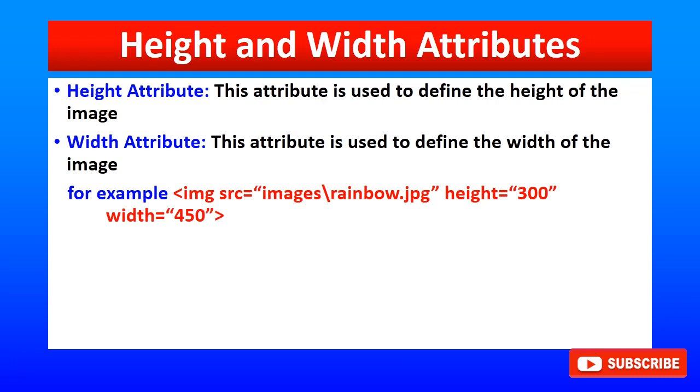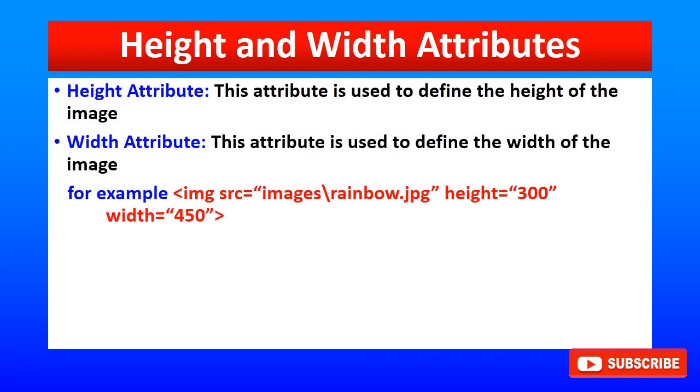So now this attribute provides us the option to change the image to the size of our own wish, right? So how is it used? The example is given here. img src is equal to the name and source of the image, and then you simply type height is equal to so and so and width is equal to so and so.